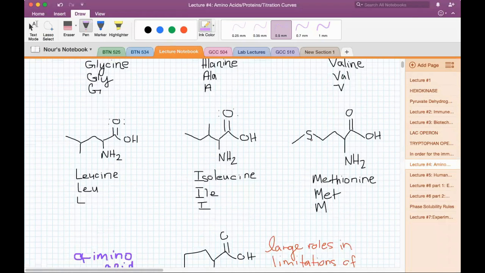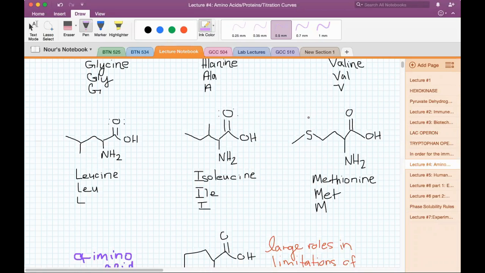So methionine is the only side chain with a sulfur group that is non-polar. It's not polar because it has a CH3 group attached to it, and because the CH3 is bound to the sulfur, it's drawing away its electronegativity.